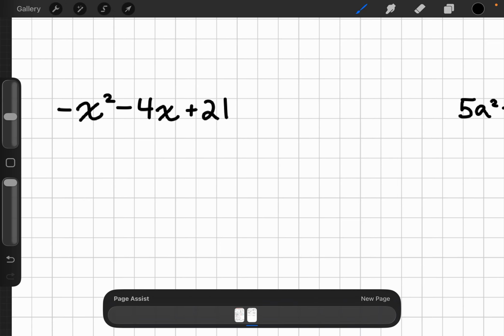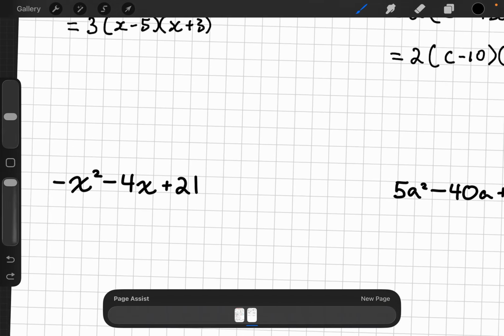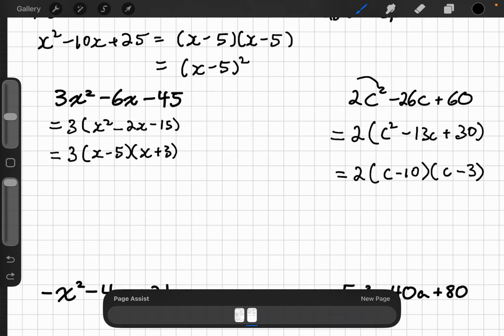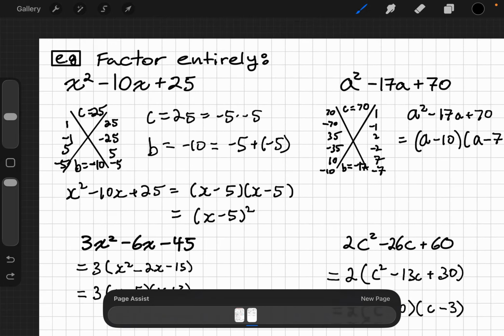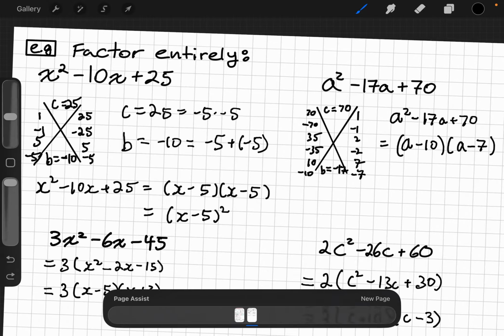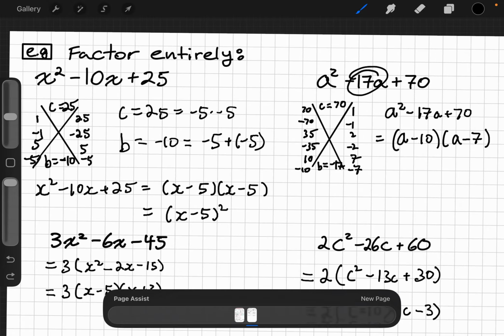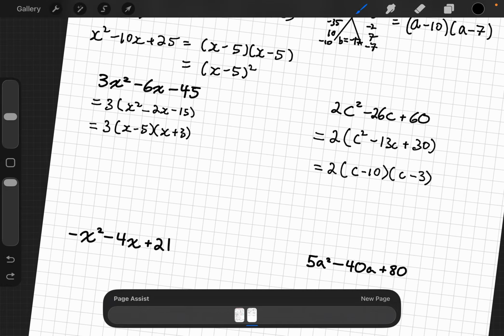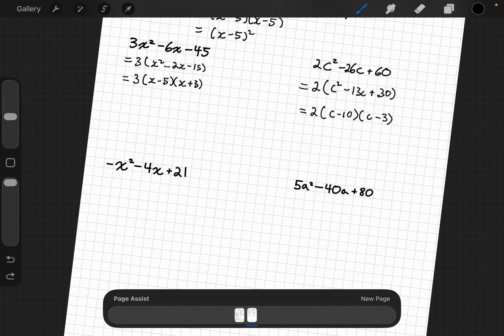When we look at this, most people who just started learning factoring will immediately start factoring because they don't see a number in front of the x squared, right? I don't know if I have mentioned this, but if you see a number in front of the first term, which has a degree of 2, you can't just start factoring like we have been, looking for 2 numbers that add to the middle term and multiply to the last term.